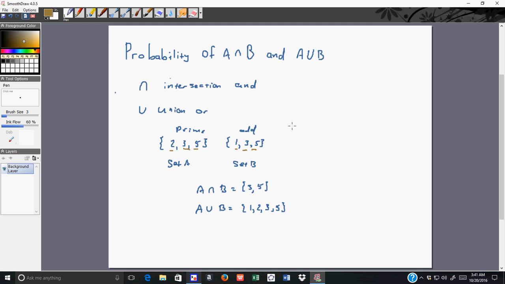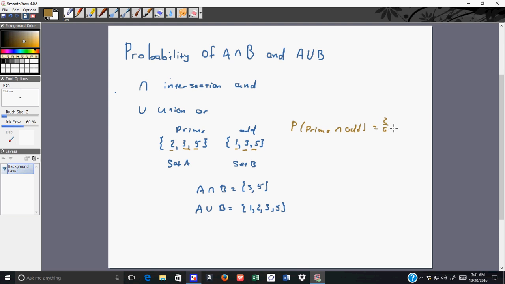So if I want to find the probability of rolling a die and getting a prime and an odd, I would have two possible options, but how many numbers are on a die?